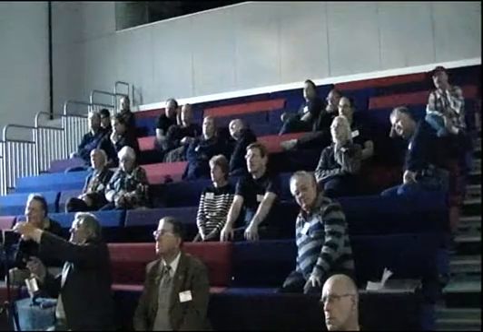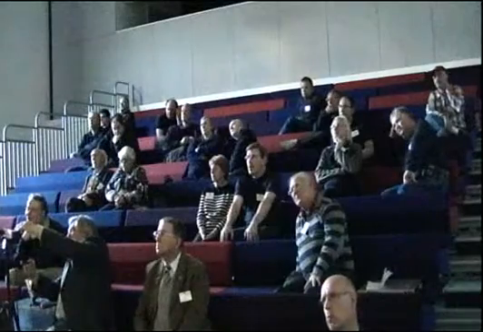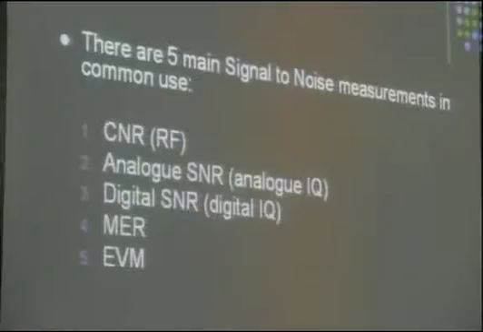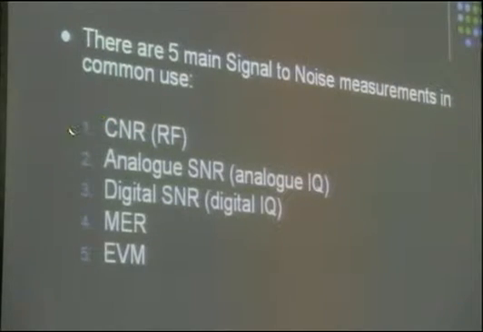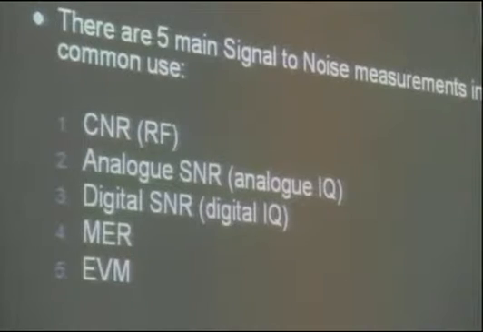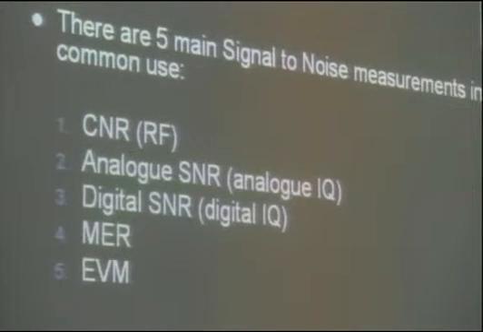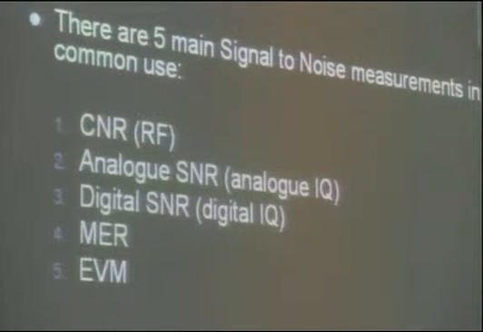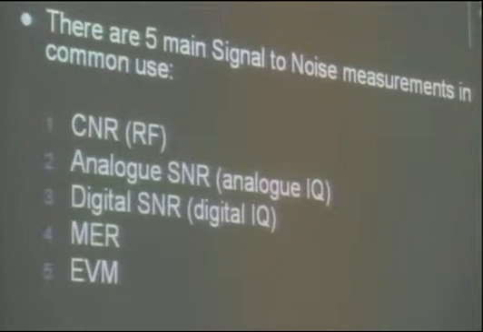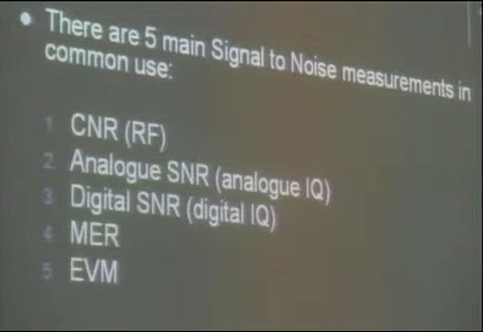If I want to measure the signal to noise, there is a value. I know this value. This is the CNR. The CNR is made on the RF signal. It's an analog information. We can use a spectrum analyzer if we have one, and it's not very cheap.